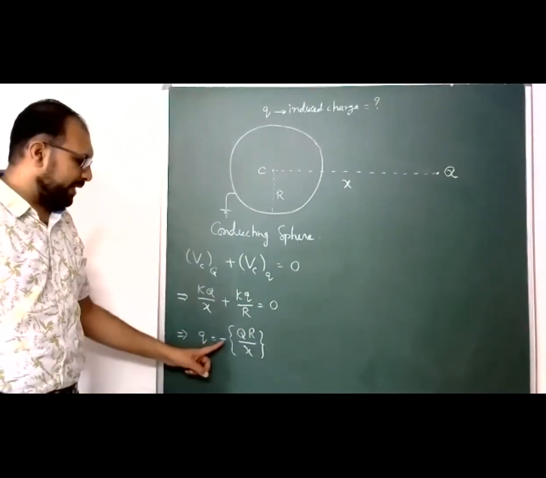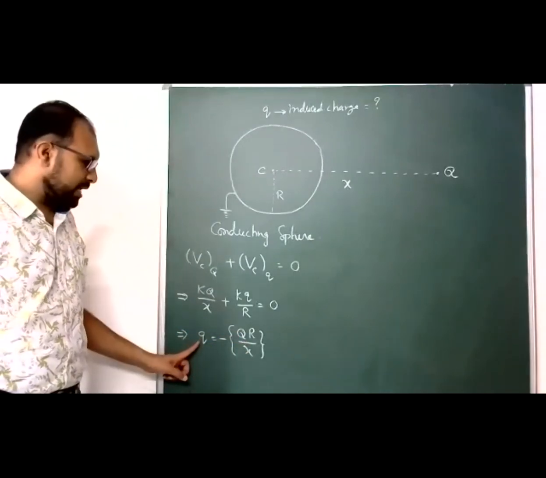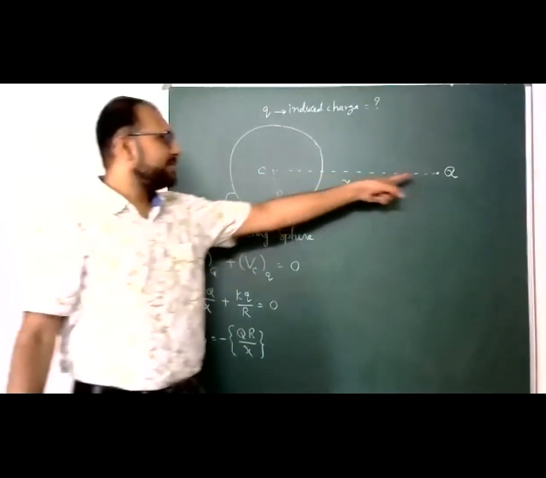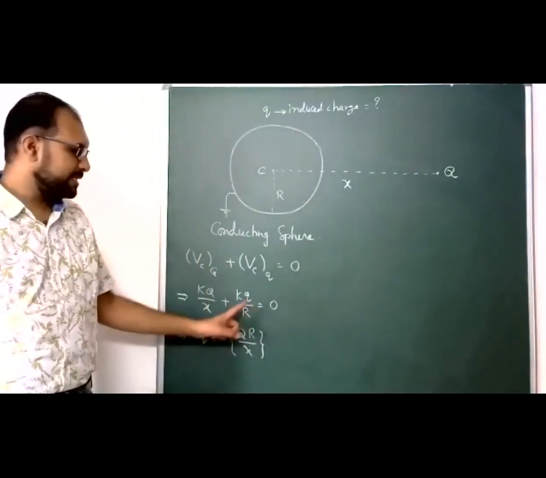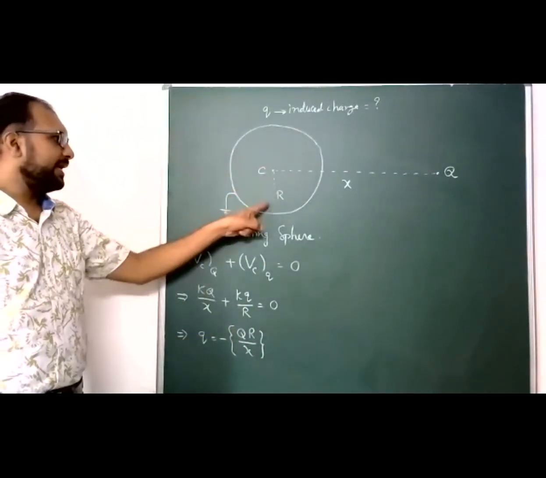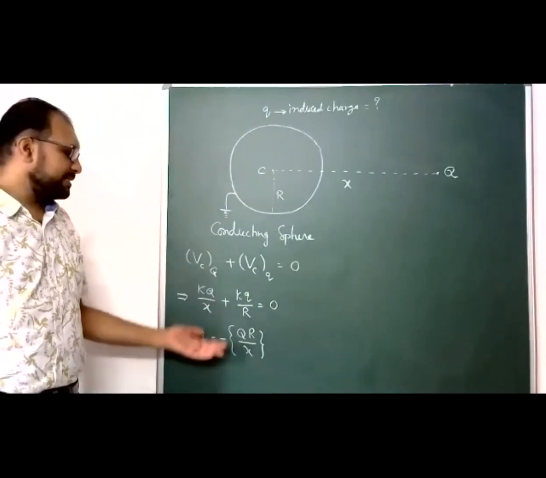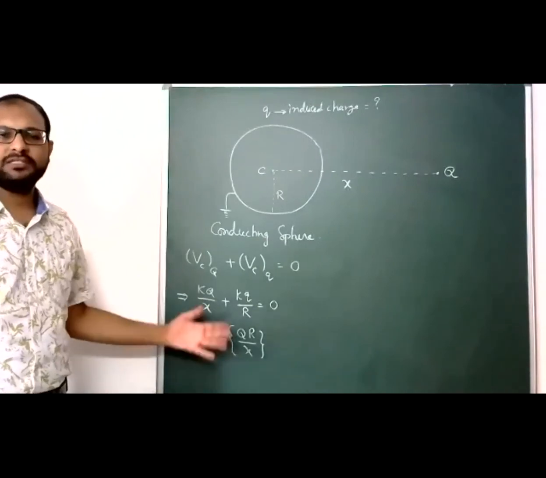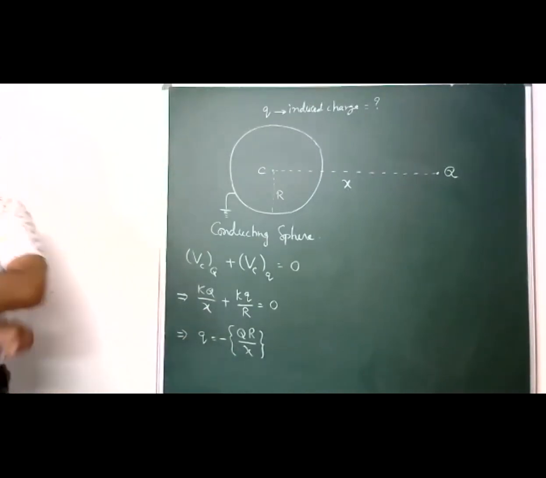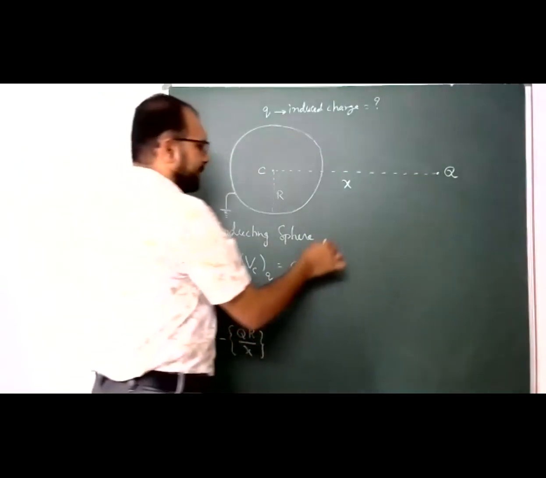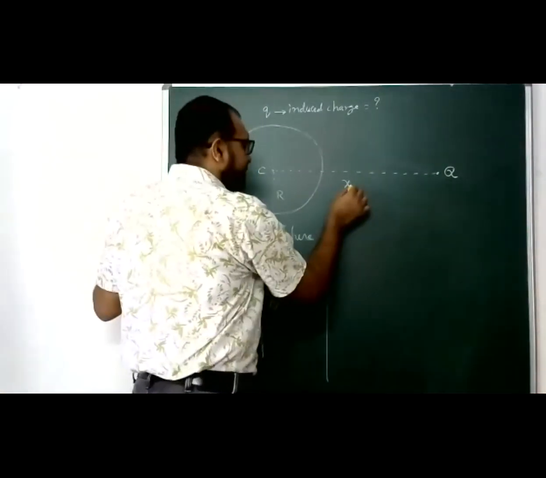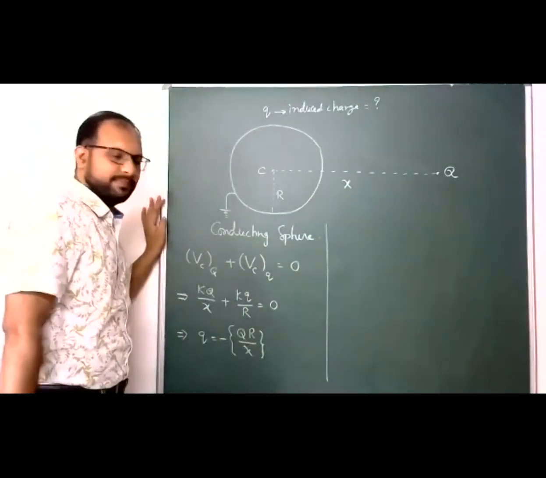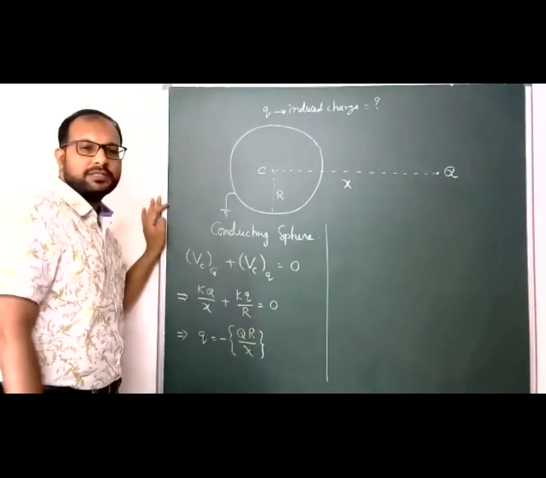Okay, students, Q is completed. The induced charge depends on the distance of the point charge capital Q, its magnitude capital Q, and the radius of the sphere. Now suppose x is constant, then obviously the charge is also constant.